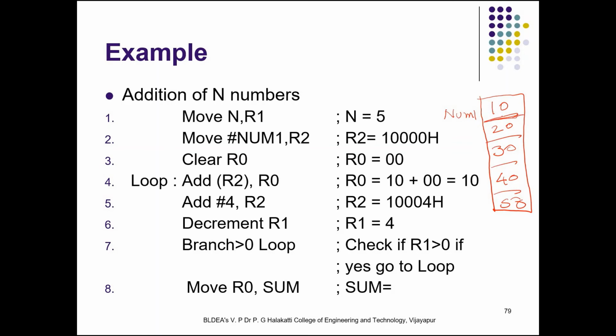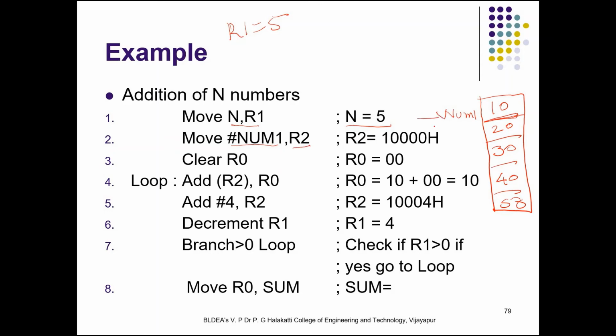And now what will be the count here? The count is nothing but how many numbers I want to add. Now here the count is 5. So initially I have initialized 5 to R1. So R1 is containing 5. Then I said assign the address of the memory location called num1 to R2.